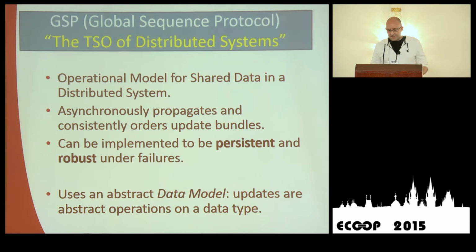And moreover, and that's something that's really crucial to all of this, we're using an abstract data model. That means all the updates are not just stores to some memory location, they're actually operations on the data. This is why in the beginning I said it's like a write operation, and later we'll see examples of others.